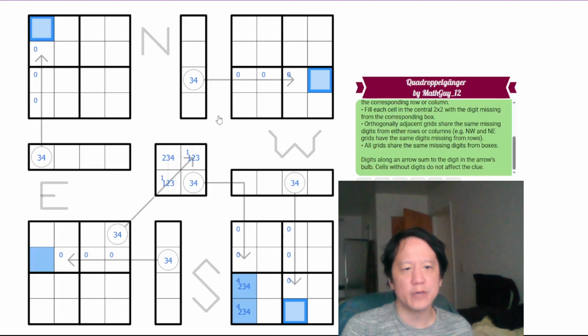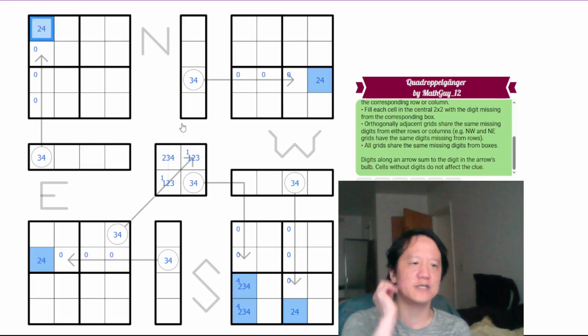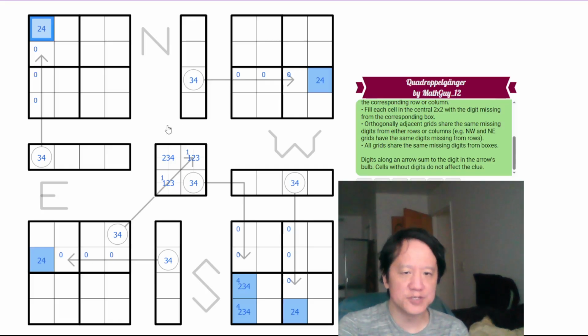All the ones that are not part of the arrow, if this is 0, 1, 2, that's 3, and this is 4. If this is 0, 1, 3, this is 4, and then this is 2. So this is going to have to be 2 and 4 in all the singleton blue cells. This obviously has to have 4 here, and it's either 2 or 3 with it.